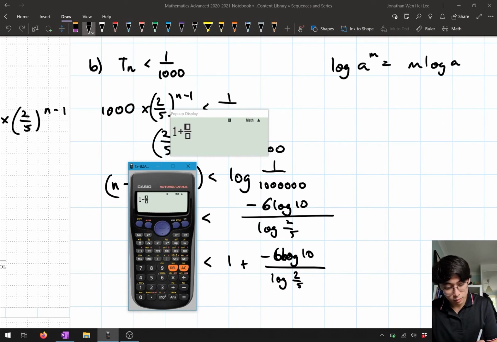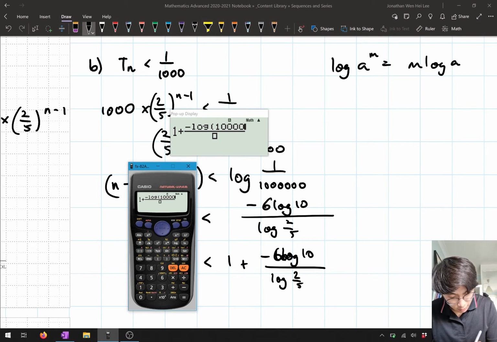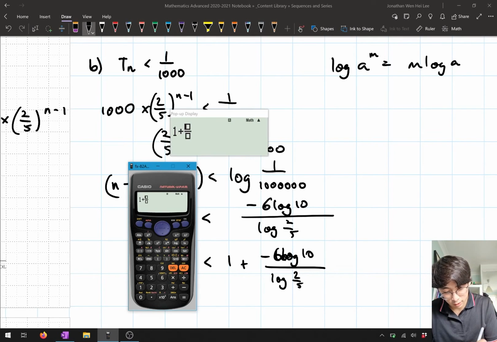Yes, so this is going to be 1 plus negative log 1 million, 1, 2, 3, 4, 5, 6 over log, oh, let me try that again, negative log 1 million, 4, 5, 6 over log 2 over 5.